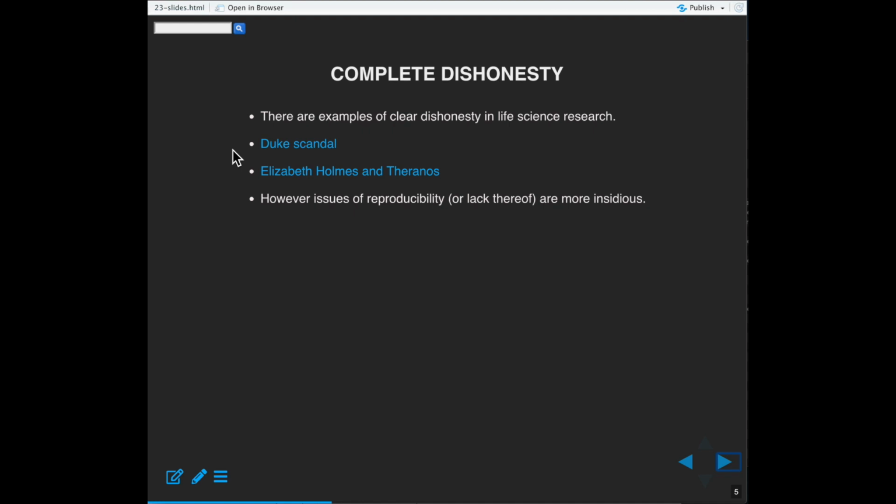But there are other issues of reproducibility that are more insidious. Even when somebody's being honest, they can be careless, right? And that's more, I think, where the reproducibility crisis is seen. So I did put some links to the reading of the Duke scandal. Let me just say a couple words about it here.